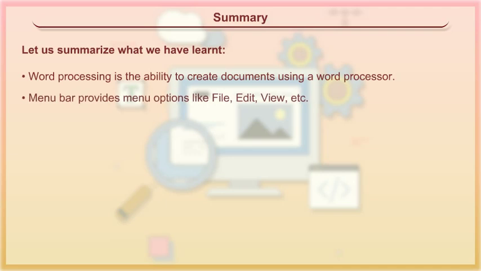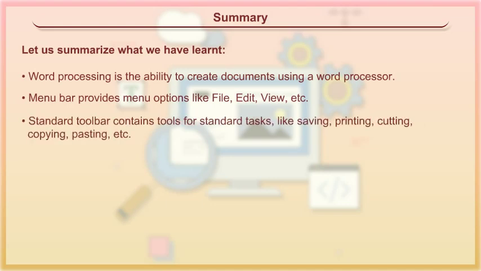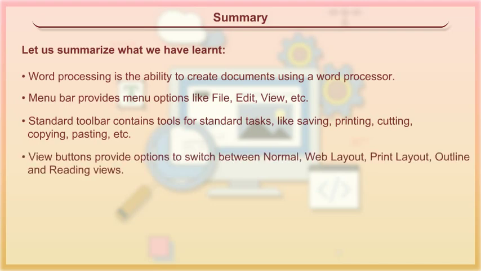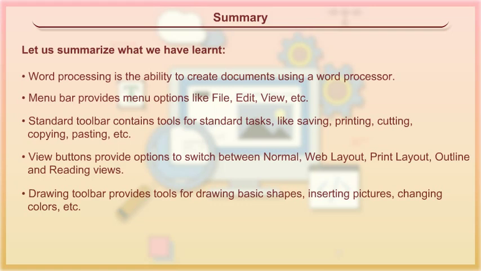Menu bar provides menu options like File, Edit, View, etc. Standard toolbar contains tools for standard tasks like saving, printing, cutting, copying, pasting, etc. View buttons provide options to switch between normal, web layout, print layout, outline, and reading views. Drawing toolbar provides tools for drawing basic shapes, inserting pictures, changing color, etc.